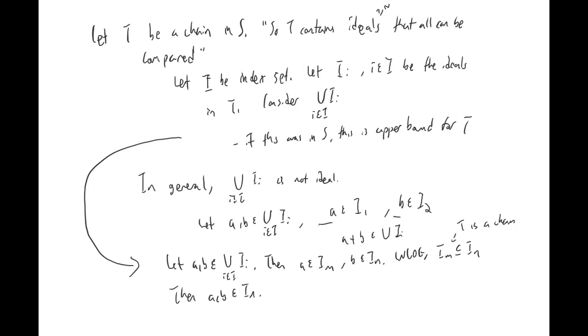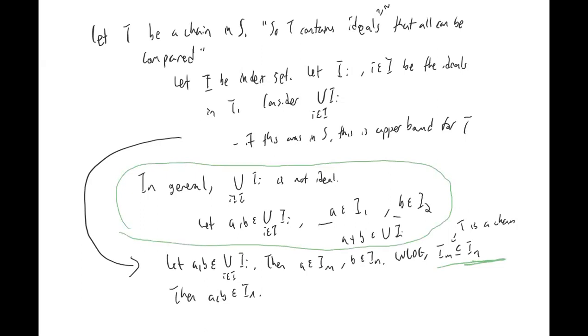I need you all to follow because it's important that we're using the fact T is a chain. Or else, like I said, it's not true in general that the union of ideals is an ideal. That's just incorrect. So does everyone follow up to here?